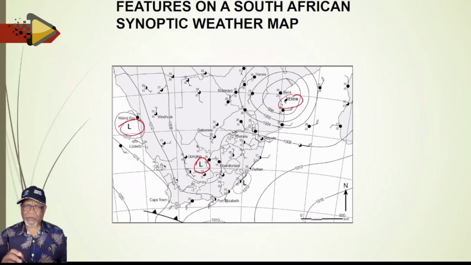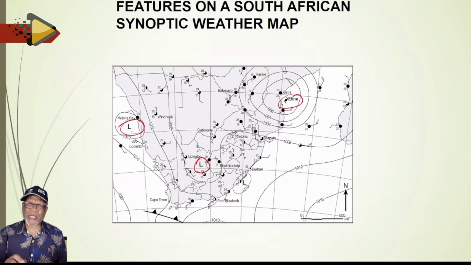Now, you must know when you do synoptic weather maps that different features will appear in different positions for different seasons. For an example, this is what we call a coastal low. What is a coastal low? This is a low pressure cell that exists along the coast.